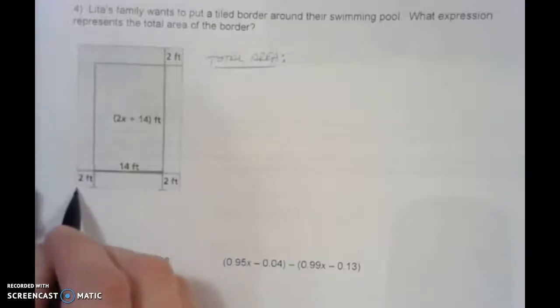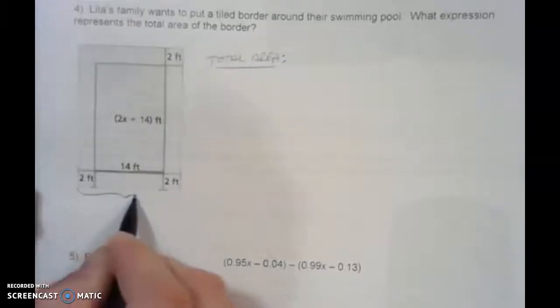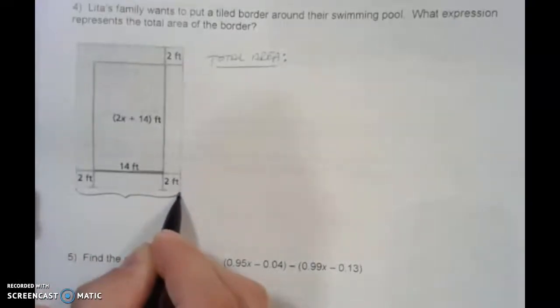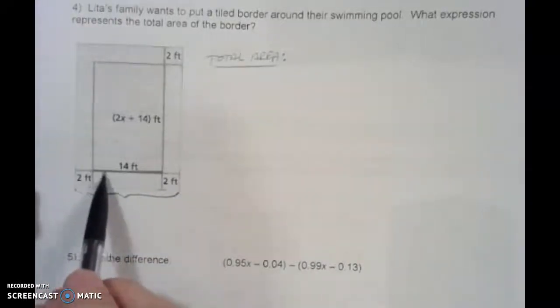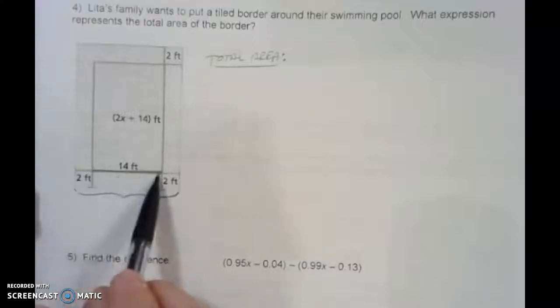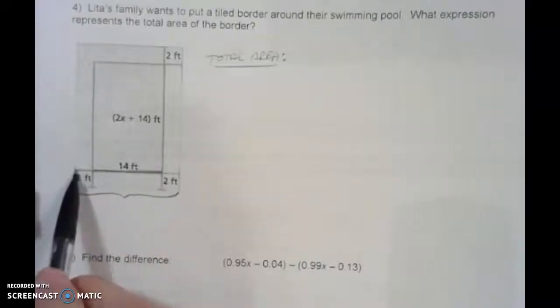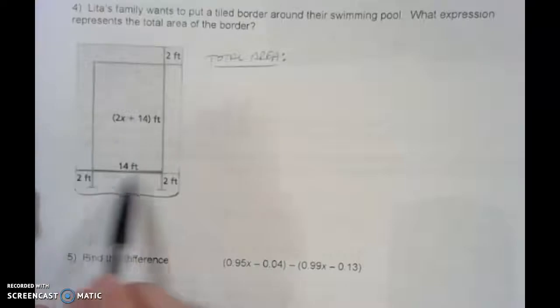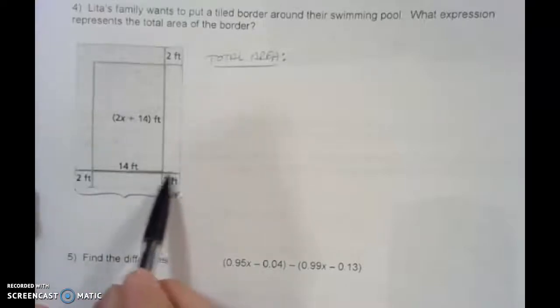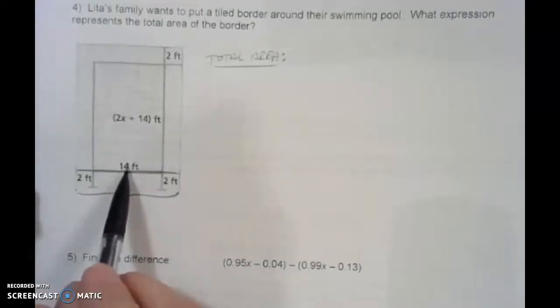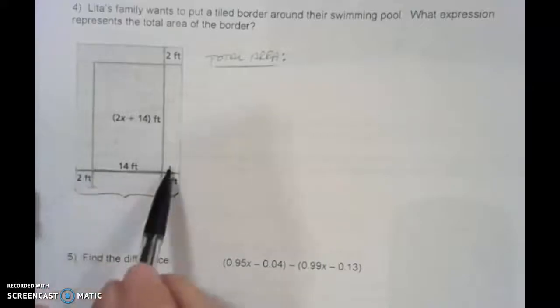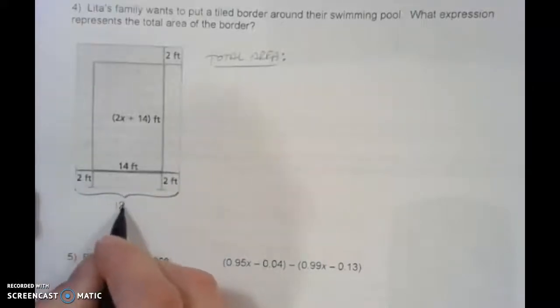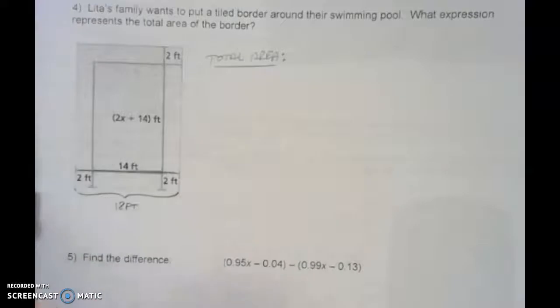So to go from this corner all the way to this corner over here, I'm going to have a length of 14 feet for the pool, plus an extra 2 feet for this side of the border, plus an extra 2 feet for this side of the border. 14 plus 2 is 16, plus 2 is 18. So it's got an entire length of 18 feet.